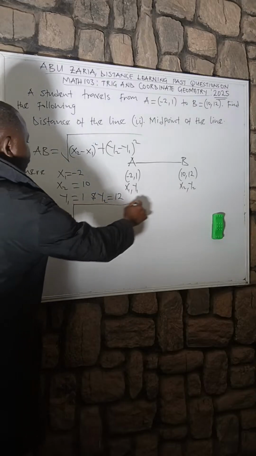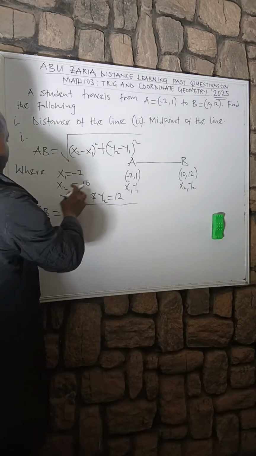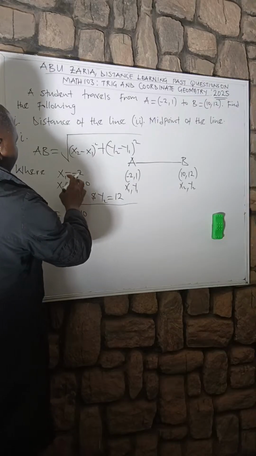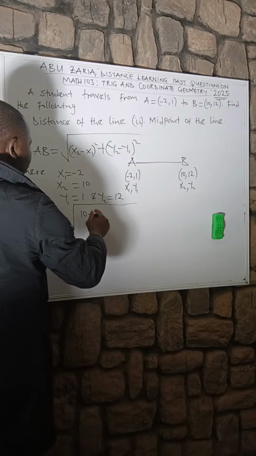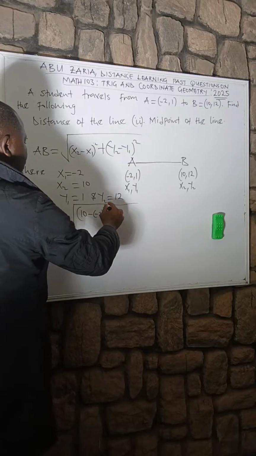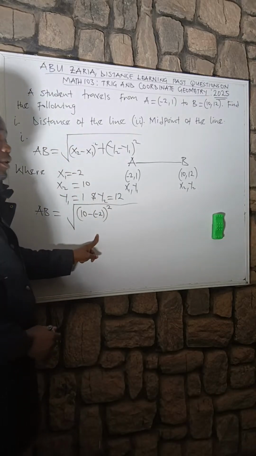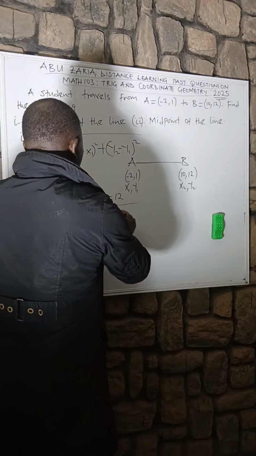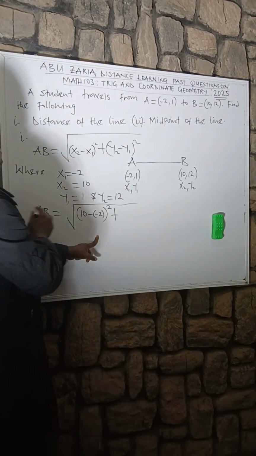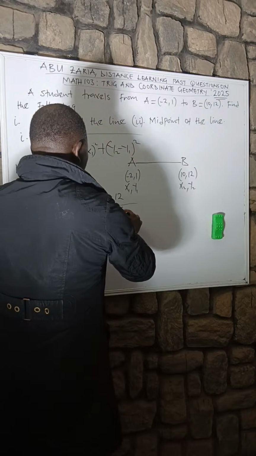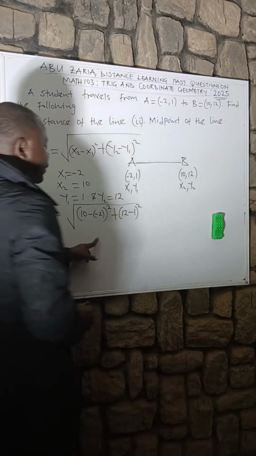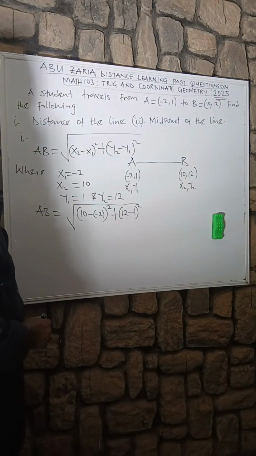the square root of x2, which is 10, minus x1, which is minus 2, all squared, plus y2, which is 12, minus y1, which is 1, all squared. Can you see now?